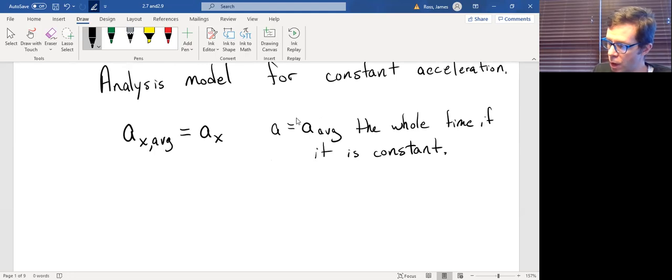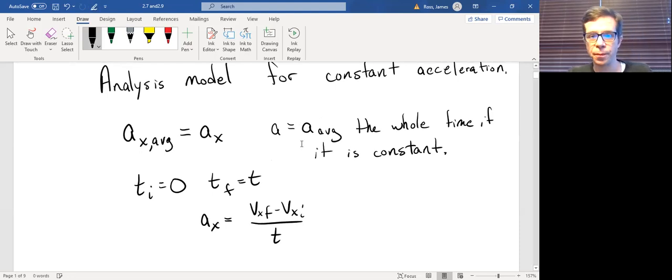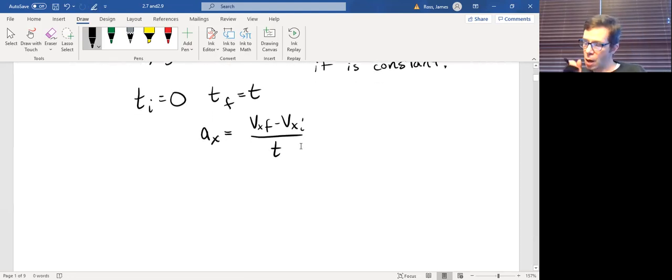Now we're going to use, of course, that our t initial is 0 and our t final is just t. And that gives us that ax can be written as vx final minus vx initial over t. And we can solve that with a little bit of algebra.